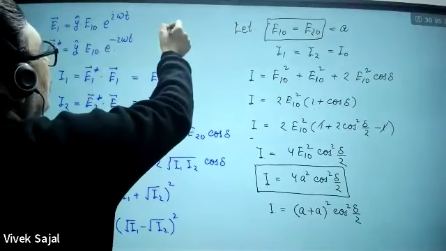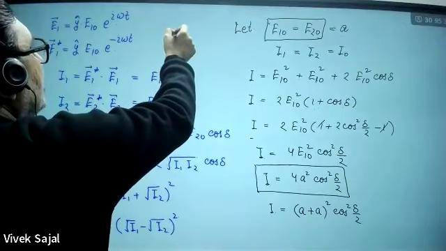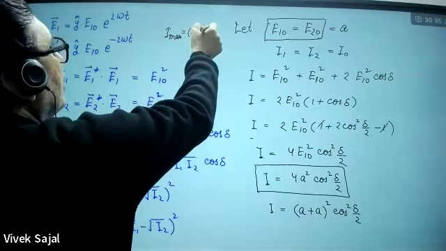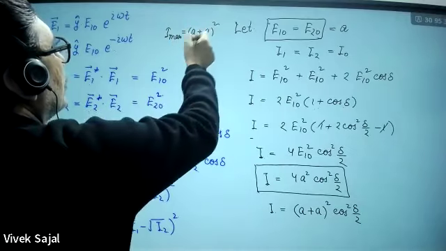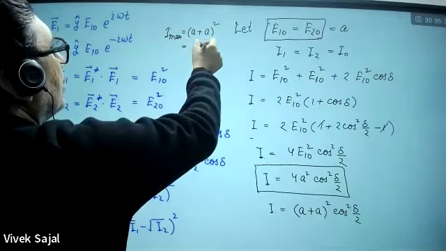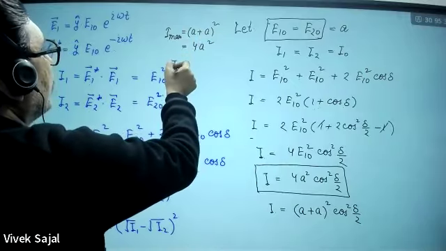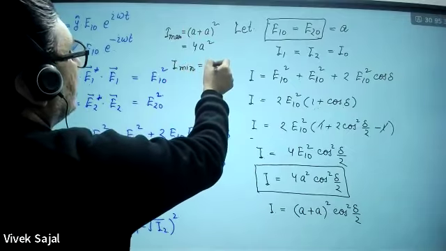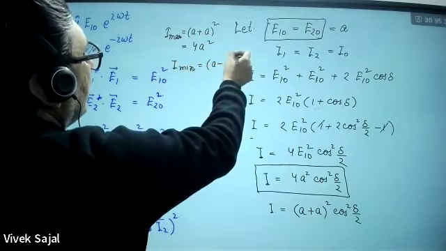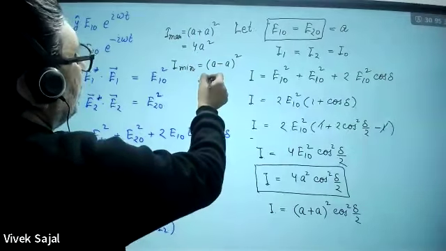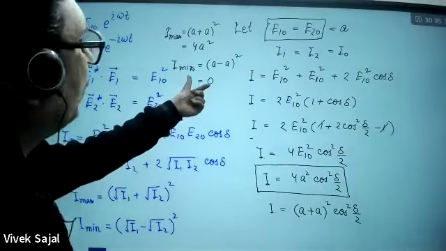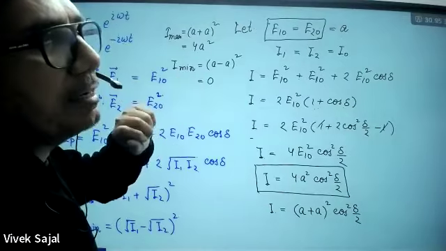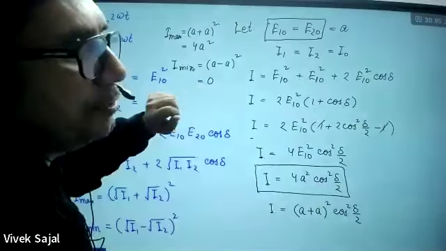So in this case, what will be I max? I max will be a plus a whole square, so that will be 4a square. And what will be I minimum? That will be a minus a, squared, so I minimum will be 0. So this will be a perfectly dark fringe, because intensity is 0.